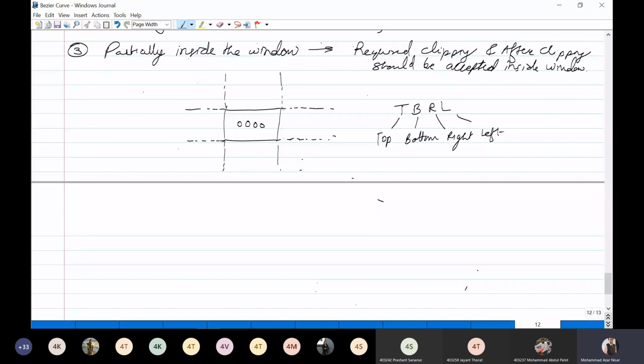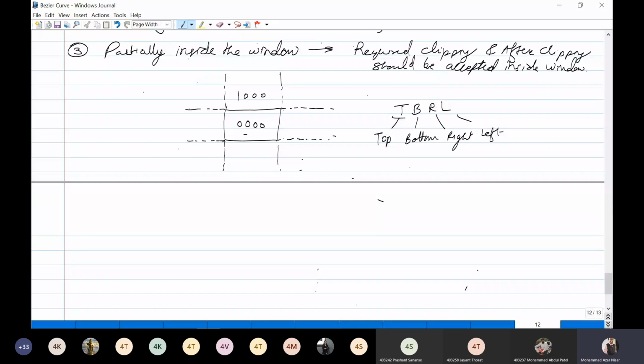It is nothing but top clipping, bottom clipping, right clipping, and left clipping. This neighboring window above the main window is the top, so you use the first position as 1 and the remaining will be 0: 1000.